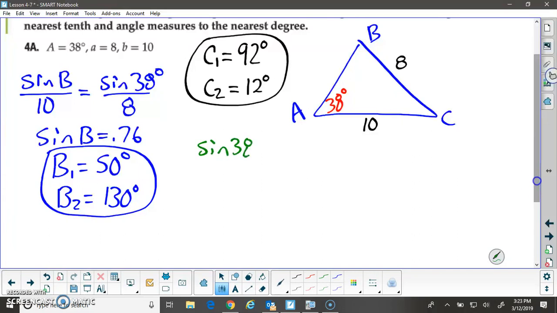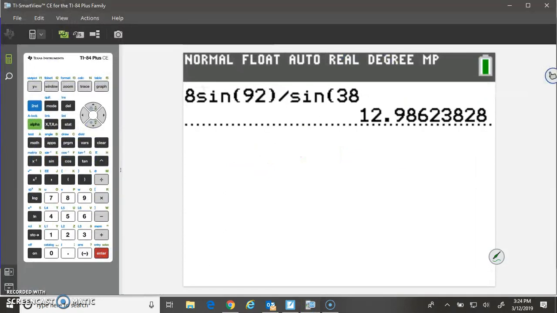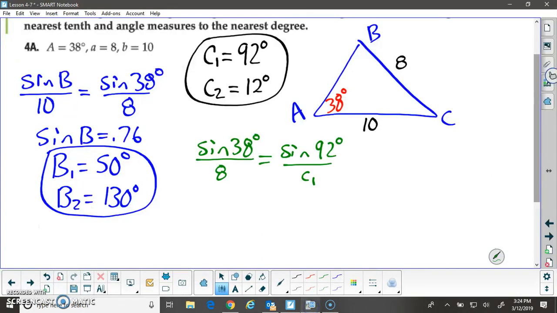So the sine of 38 degrees divided by 8 equals the sine of 92 divided by length C1. Cross multiply and divide, we'll take 8 times the sine of 92, divided by the sine of 38. That gives us approximately 13.